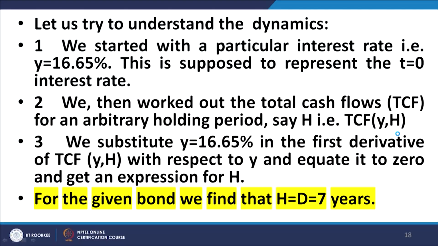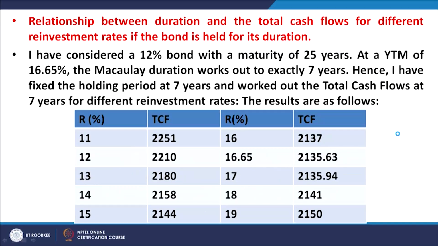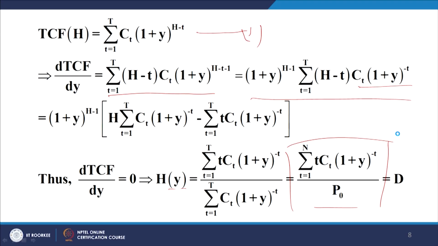Now, let us investigate further, but before I get to that, let me recap one point that perhaps I have missed. If you look at this expression, when I differentiated TCF with respect to y and equated it to 0, I got a value of h, which is the expression shown here in the box. Now, if you compare this with the expression for duration, you find that this is precisely the duration of the bond. Perhaps this escaped my mind at that point in time.